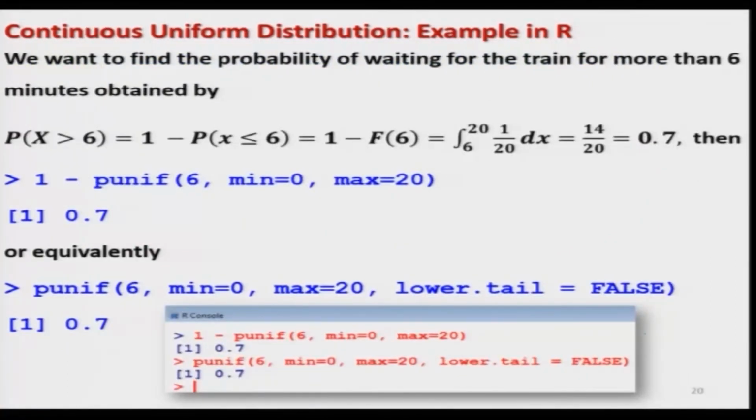Similarly, if you want to find the probability of waiting for the train for more than 6 minutes, that means you want to obtain the probability x greater than 6, which can be written as 1 minus the probability of x less than or equal to 6, which is 1 minus the value of the CDF at 6, and this can be solved as 0.7, right.